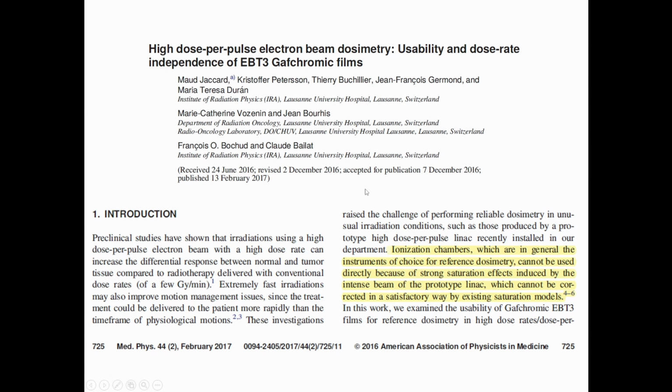The problem is that when you enter high pulse, high dose rate beam dosimetry, the common ionization chambers, which are the reference instruments, can no longer be used because of saturation. And this is indeed a big problem.